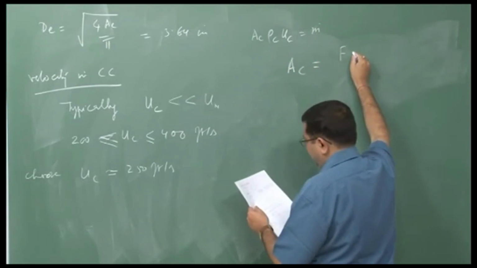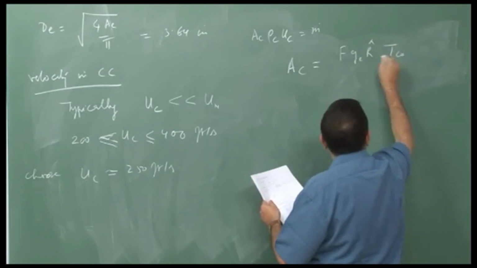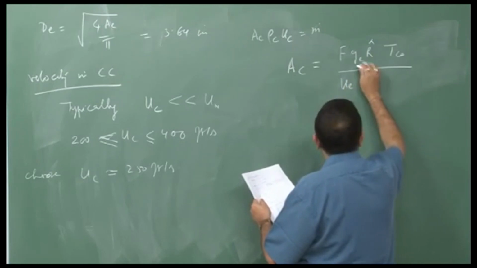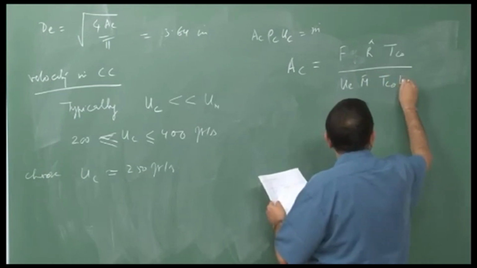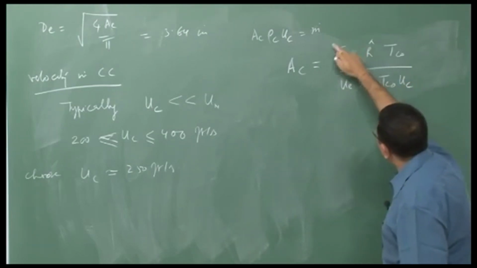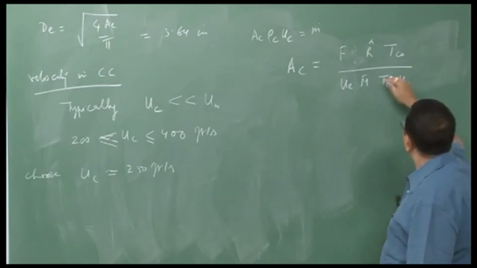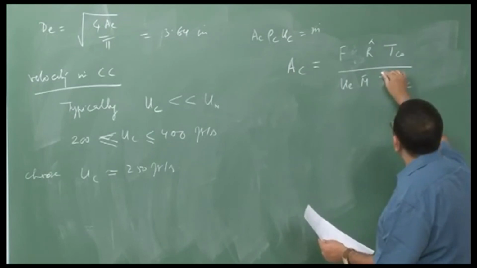This you can write as F only over u_c. See, this term F by u equivalent is my m dot. This term will be P_c naught by R T_c naught.